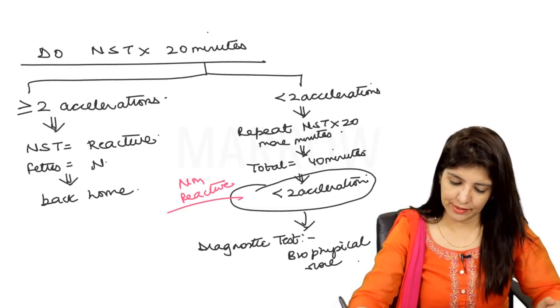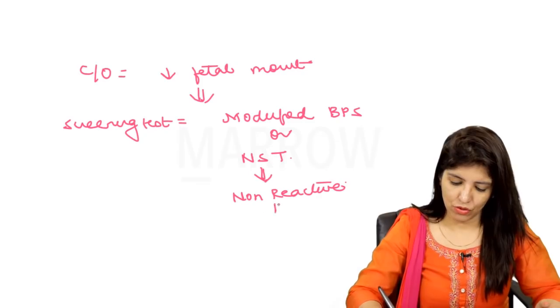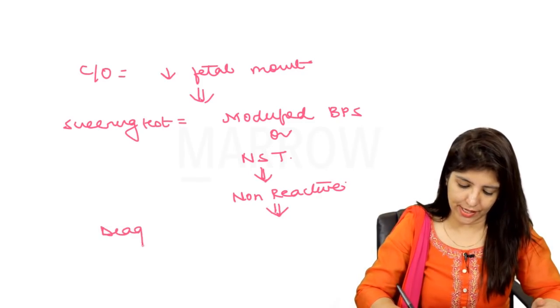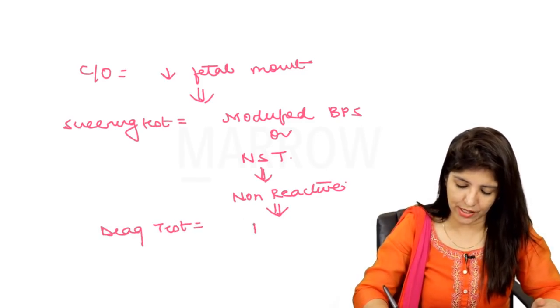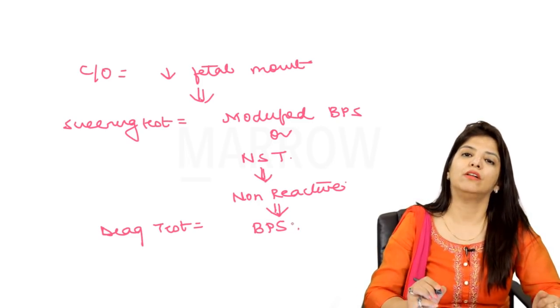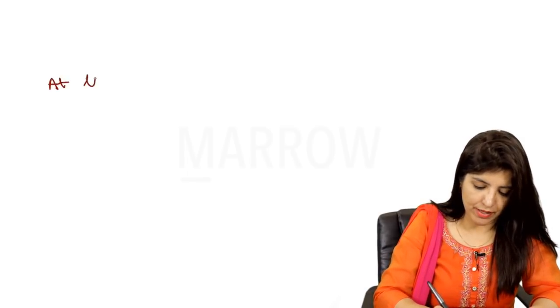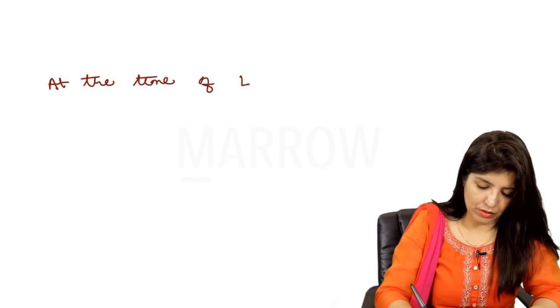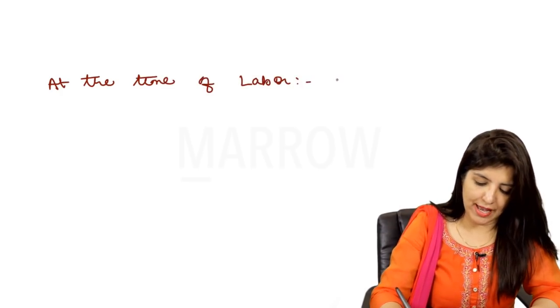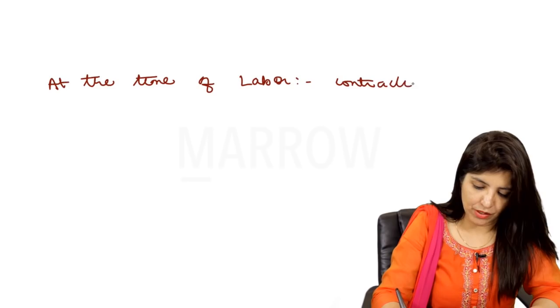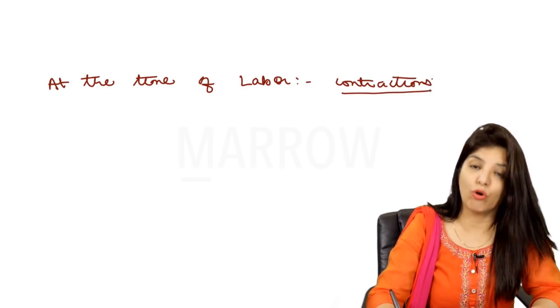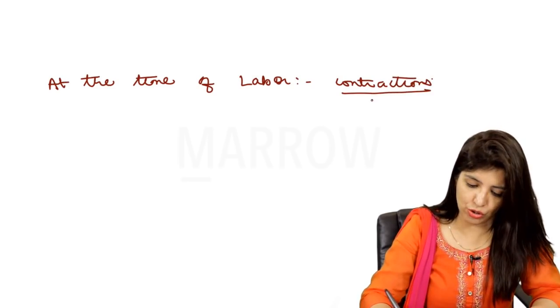In that case, you will do the diagnostic test. And what is the diagnostic test? Biophysical score. Now, same thing, same procedure, if you are doing it at the time of labor, when the patient is having contractions, that means now you are going to monitor the contractions also.